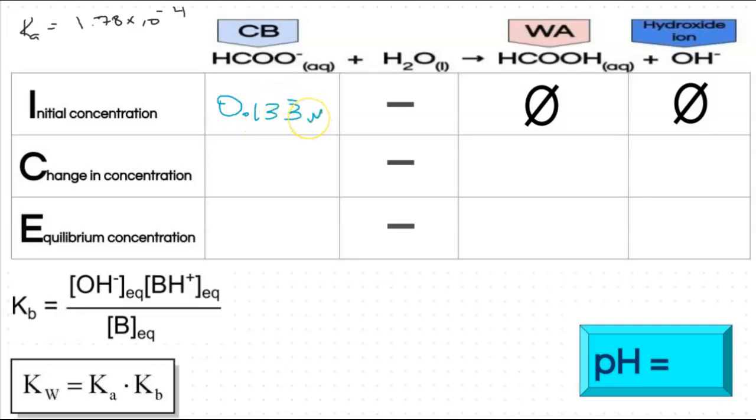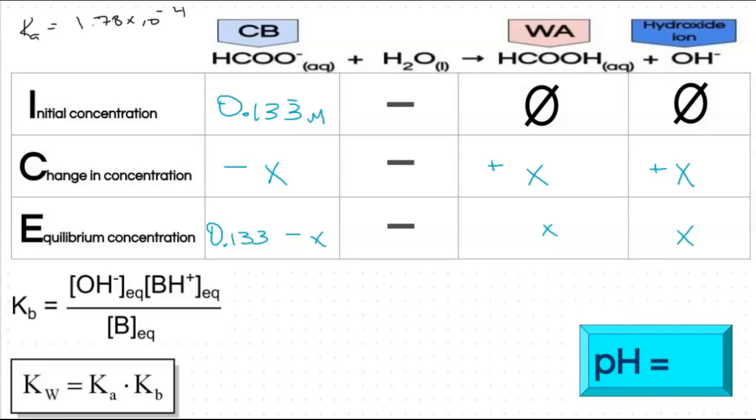This is going to decrease by some amount x, and both the weak acid concentration and my hydroxide concentration will increase by that same amount x. So at equilibrium, I have 0.133 minus x, x amount of methanoic acid, and x amount of hydroxides.